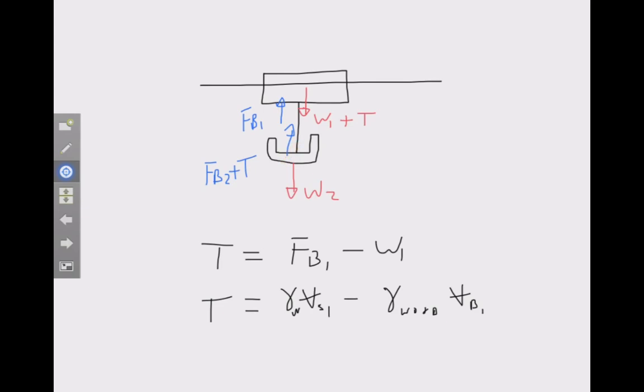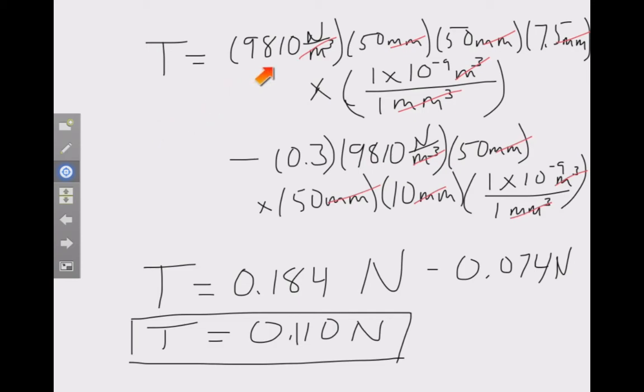So the key to this problem was being able to calculate the buoyant forces, and that was extremely easy to do. It's just equal to basically the weight of the water displaced. That's gamma times the volume. If you remember, the force equals gamma times the volume.